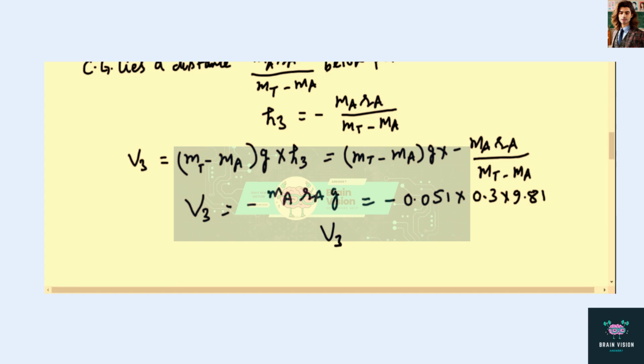So V3 you will get minus 0.15 Newton into meter.